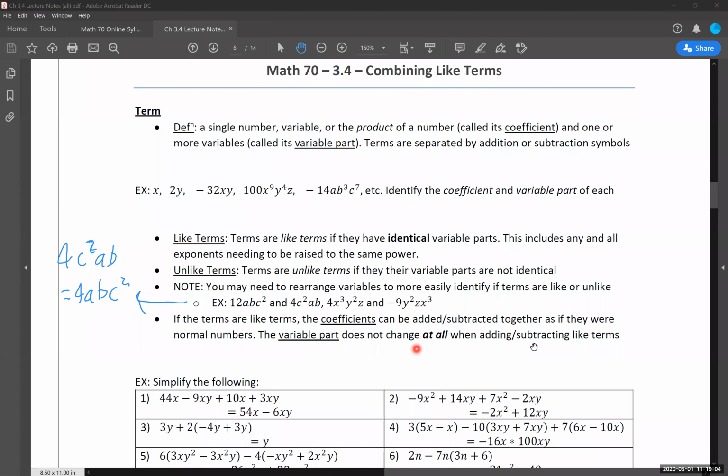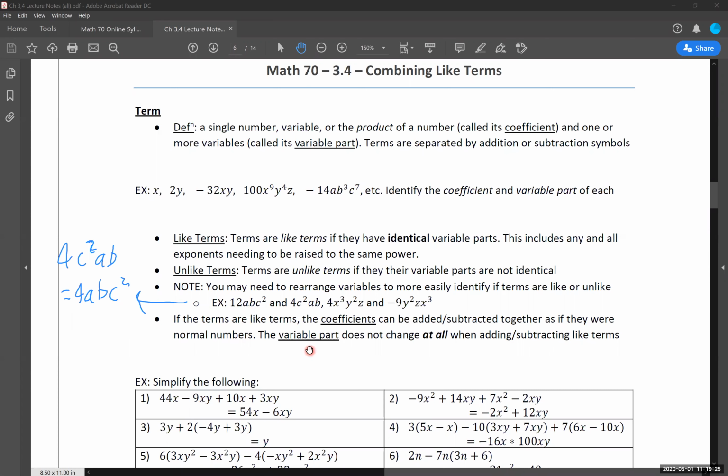This gets a lot of people to say, okay, well, I've got a 4abc squared, maybe I'm adding 12abc squared. Okay, well, I'm going to add the numbers together. I'm going to add 12 and 4. And then I'm going to add a and a, then b and b, and then c squared and c squared. And we can't do that.